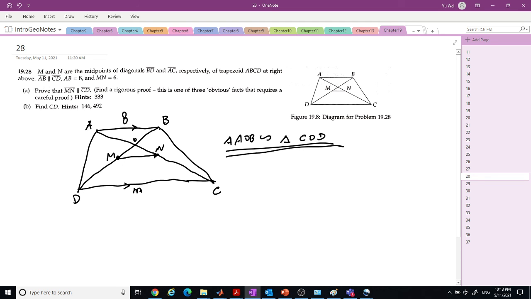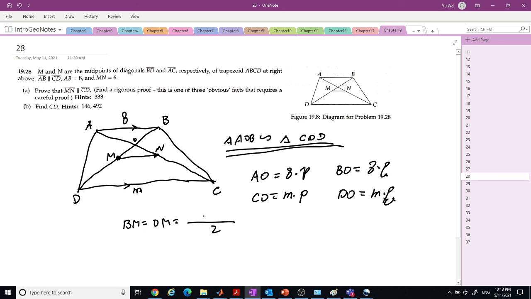Then AO is equal to 8P, and CO is equal to M times P. BO is equal to 8 times Q, and DO is equal to M times Q. And M is the midpoint, so BM equals DM, which is half of (M plus 8) times Q, and AN equals NC, which is half of (M plus 8) times P.